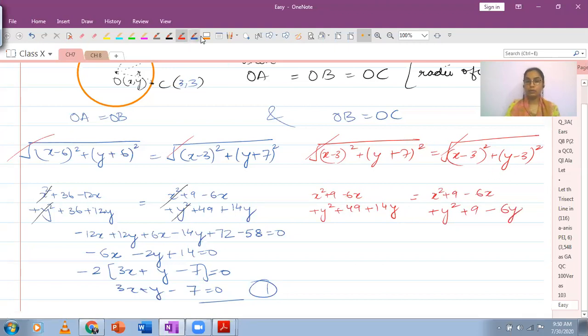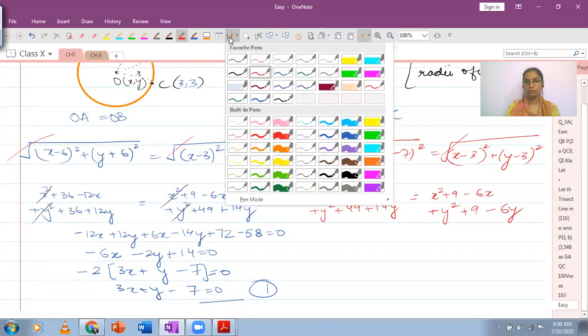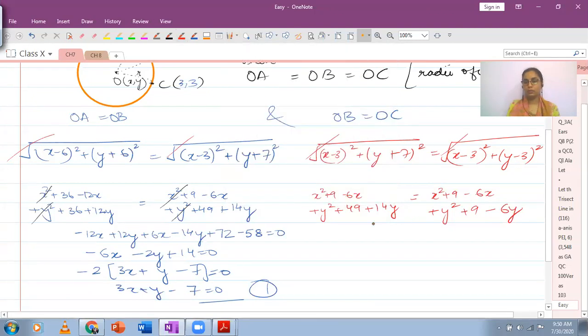Be careful where you have x and y. Sometimes it happens that it gets mixed up. So this term gets cancelled, x squared with x squared, y squared with y squared. The product term gets cancelled, 9 also gets cancelled. So I'm left with 20y equals minus 40. So y comes out to be minus 2.